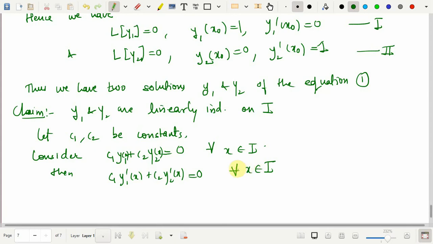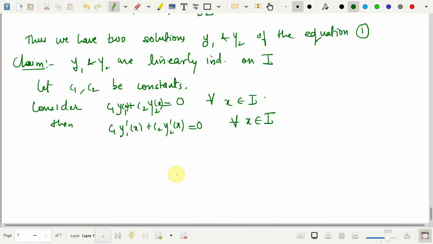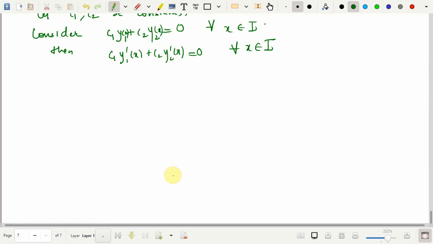Since y1 and y2 are functions, they have to be twice differentiable, so the first derivative exists.